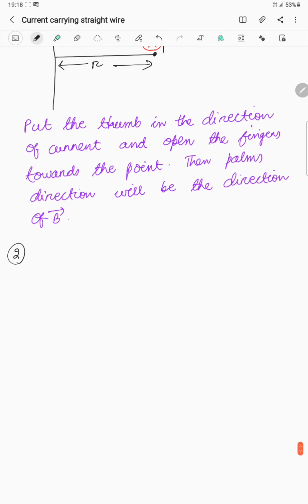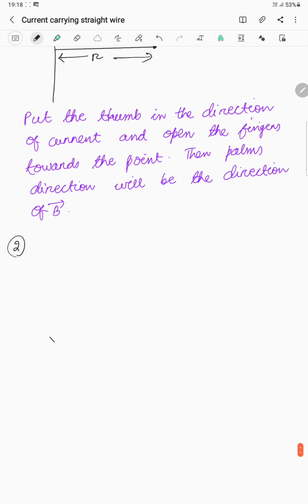Let us try and apply it to the second example. It is given that the current is into the plane of the paper, and you have taken a point situated at this distance R. This is the point P. So I will show the thumb direction into the plane of the paper, then open the fingers towards the point.